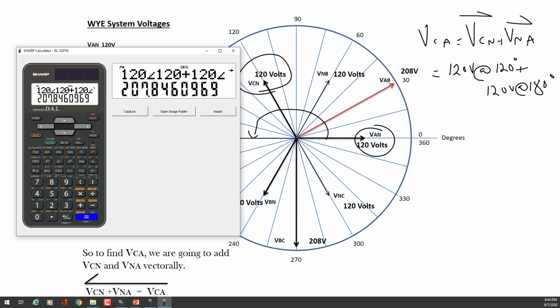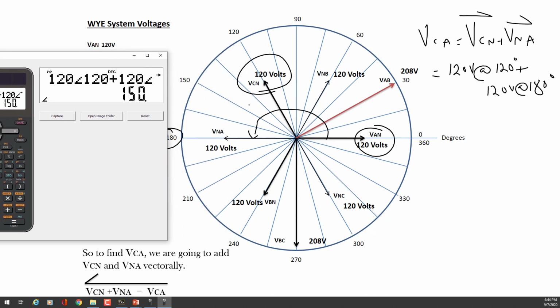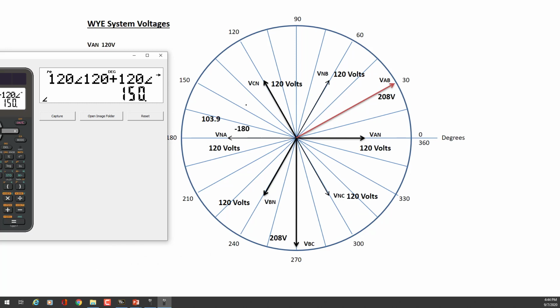Let's find out. Second function, exponent. 150. So it tells us exactly where to put it this time, at 150. So we plot it out at 150 degrees. Note this is a positive 150, because we ended up in the top half. If we ended up in the bottom half, it would give us a negative angle.